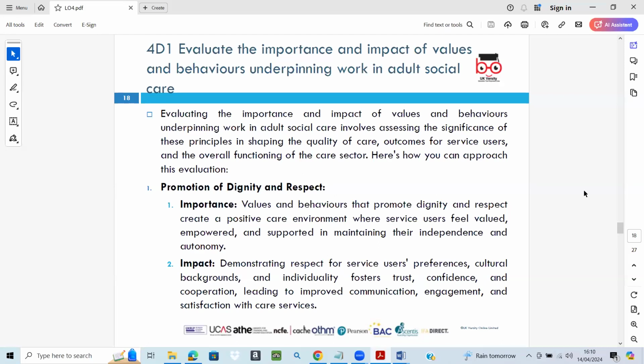Respecting cultural backgrounds and individuality can significantly enhance cooperation and satisfaction with care services. It helps in tailoring care practices to meet the specific cultural and personal needs of service users, which is essential for effective person-centered care.